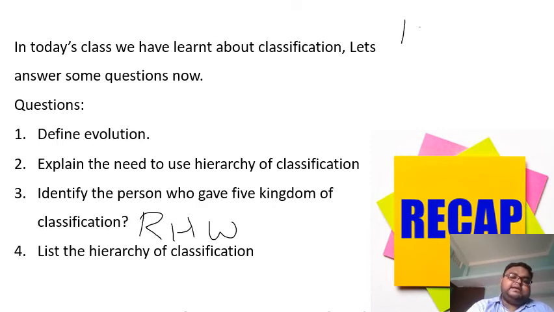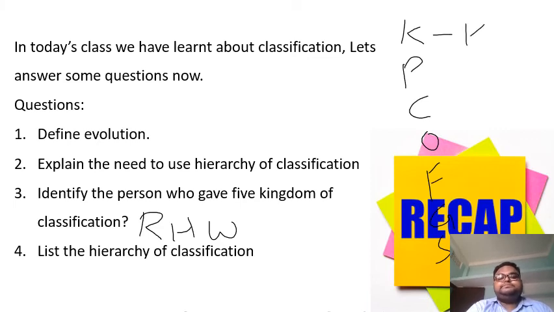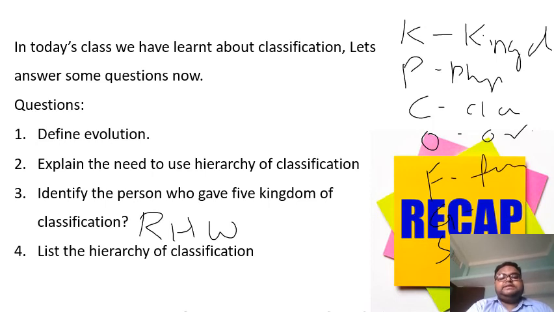I'm writing it here: K P C O F G S, which means kingdom, phylum, class, order, family, genus, and species. Right, students?